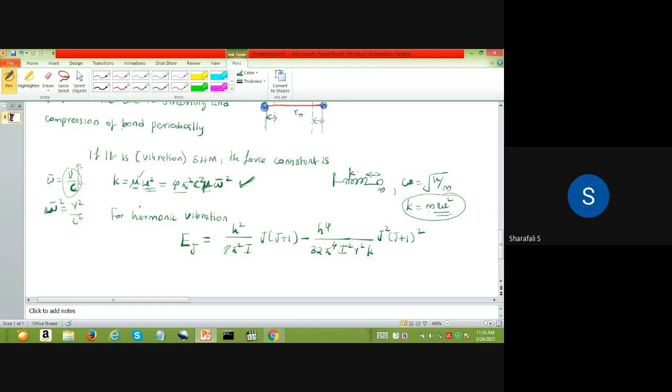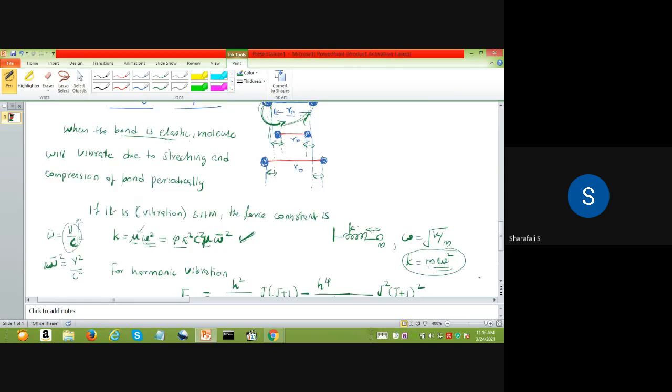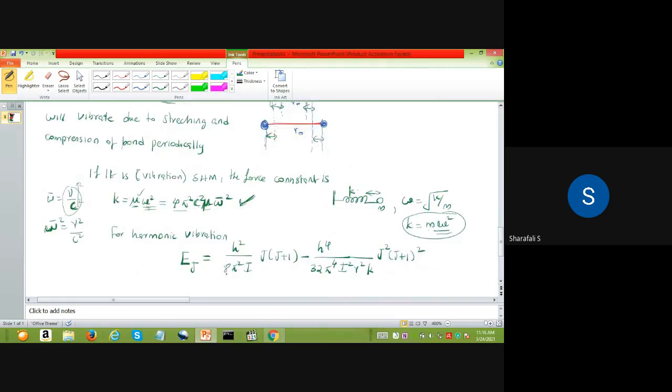Similarly, we didn't actually derive that, and I think you don't need that derivation. But for rotational energy also, we have to substitute the value of E. For rotational spectra, that means for the case of rigid rotation, we have h square by 8 pi square I into j into j plus 1, which is also derived from the Schrodinger equation. Substituting all other values into the Schrodinger equation, you can find the value of Ej.